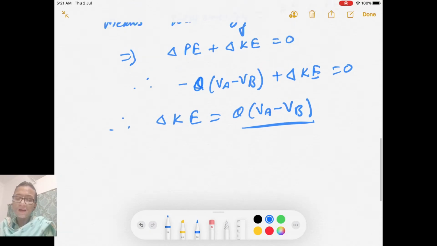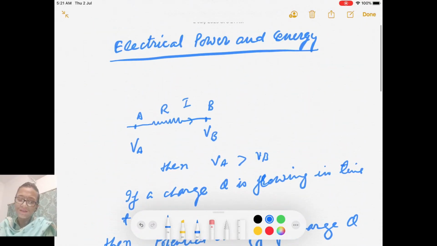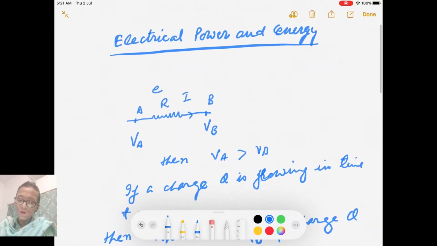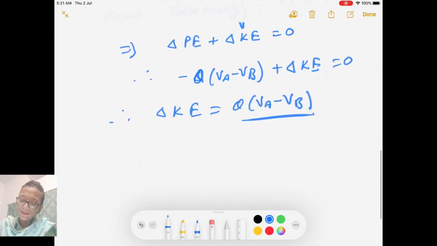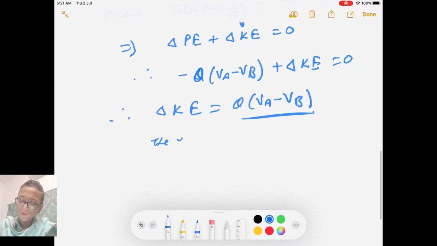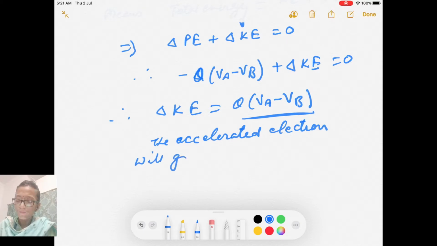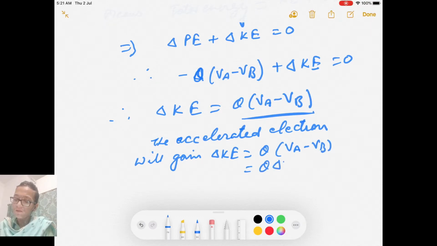So when an electron flows in any circuit, if it is accelerated, then the accelerated electron will gain change in kinetic energy, which is equal to Q into (VA minus VB), that is Q del V. Okay.